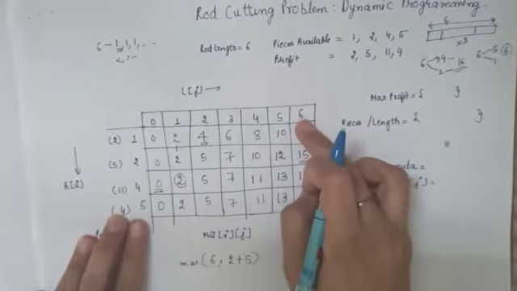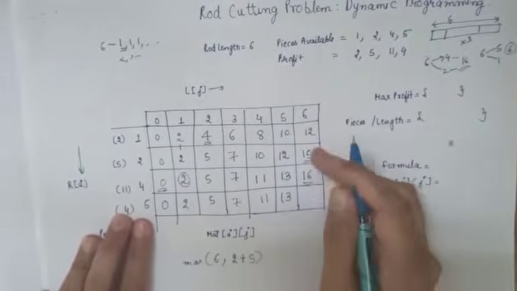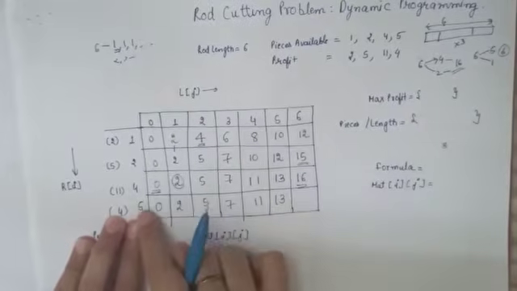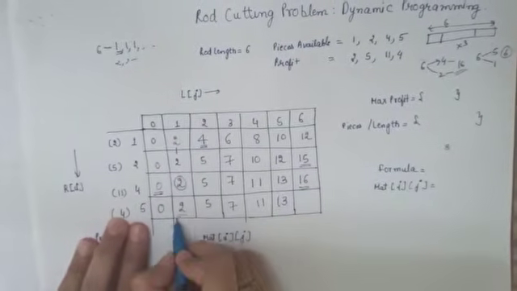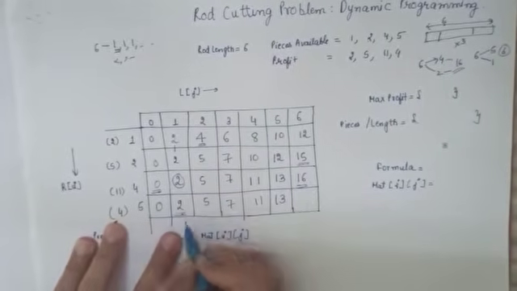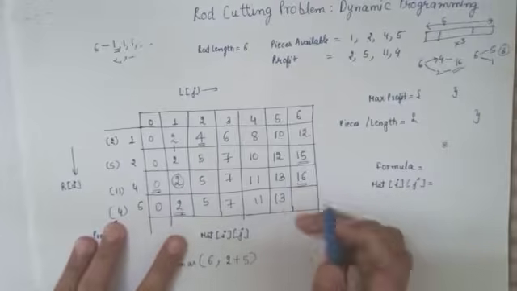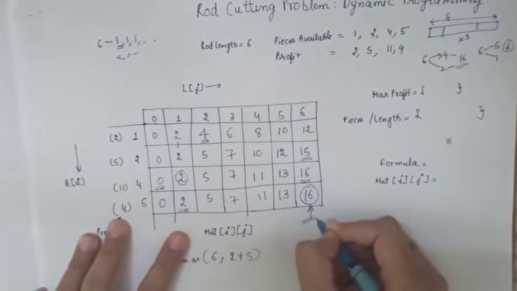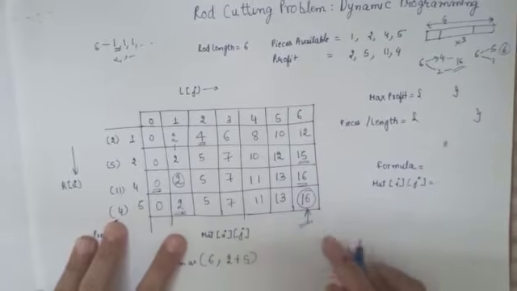Again come over here. Either 16 you have to take, or 6 minus 5 is 1. Go to 1. Value is 2. Okay, so 2 plus 5 is 7. So what is maximum? 16 is maximum. So the maximum profit which we have earned from this rod cutting is 16.